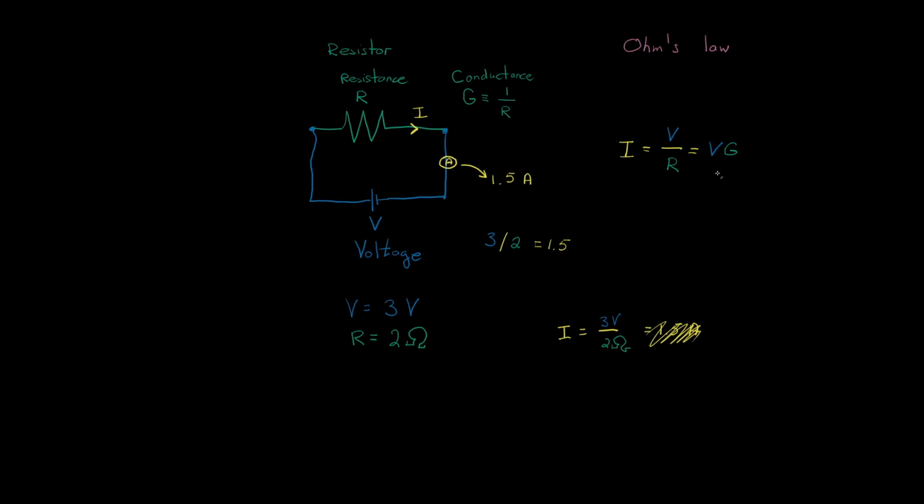So, if my resistance is 2 ohms, it means my conductance is 0.5 Siemens. Siemens is the unit for conductance. What this means is that I could think of the current as being equal to the product of 3 volts and 0.5 Siemens.